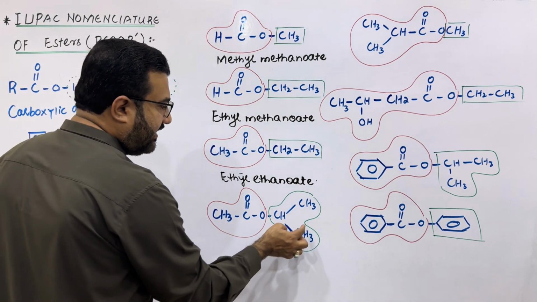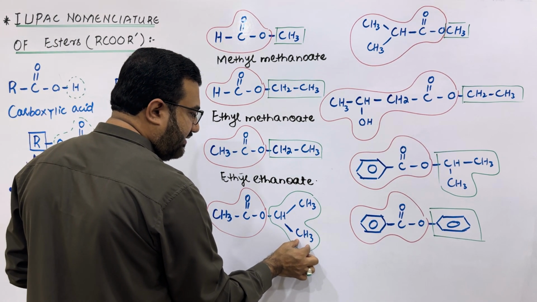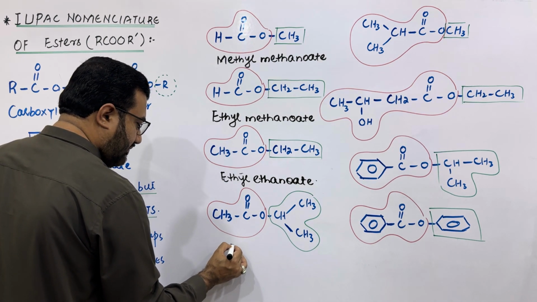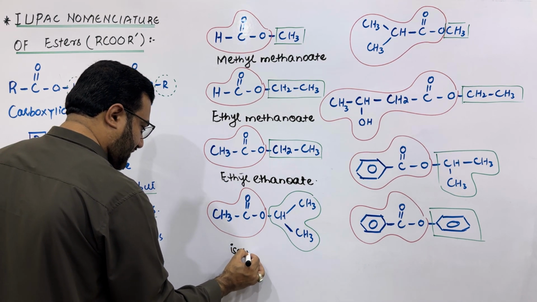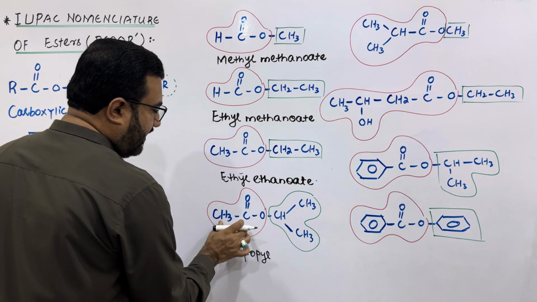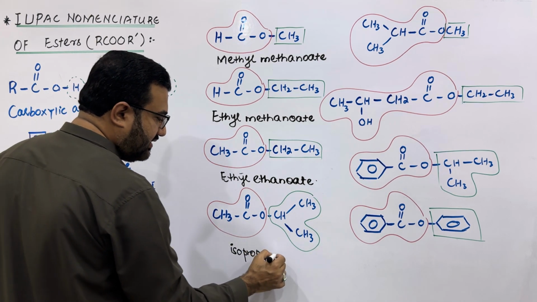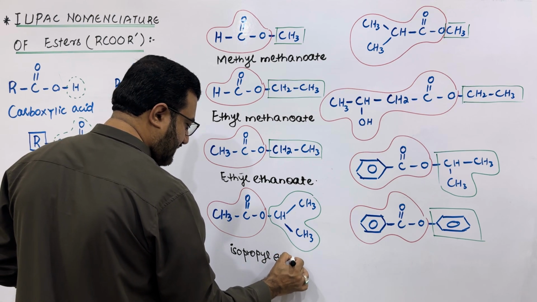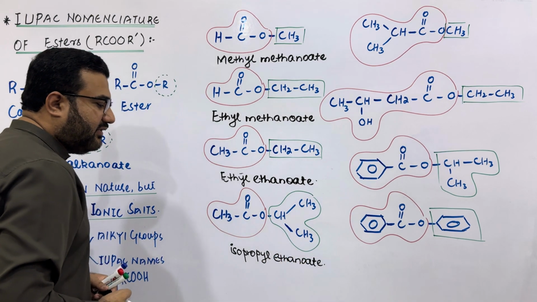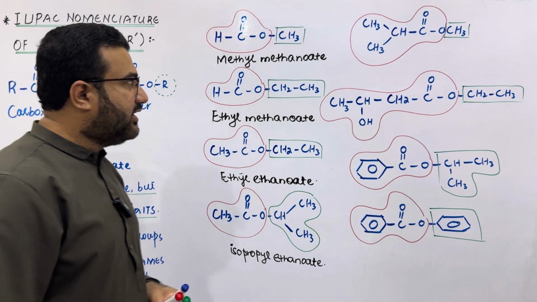Now, this one is an alkyl group with three carbon atoms, and you know this alkyl group is called isopropyl. So it will be isopropyl, and again this portion has two carbon atoms, so it is from ethanoic acid, and that will be called ethanoate. That will be isopropyl ethanoate.